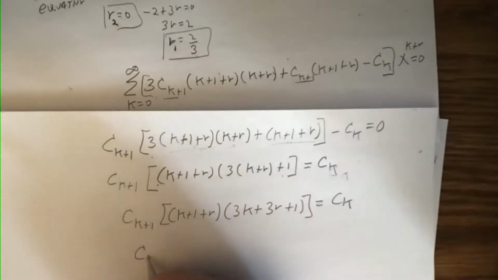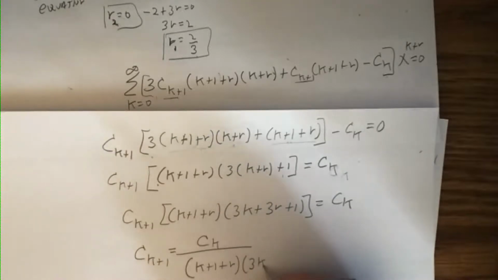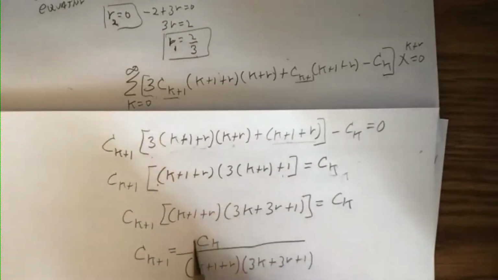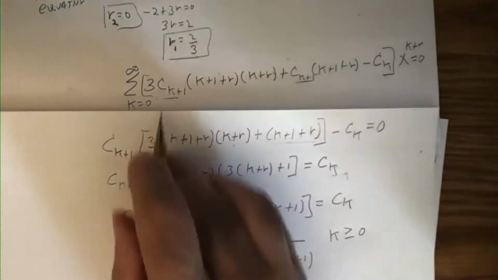What I did here is I divided both sides of the equation by this. So now I got this, and this is going to be true for k greater than or equal to 0, because we're starting from 0.